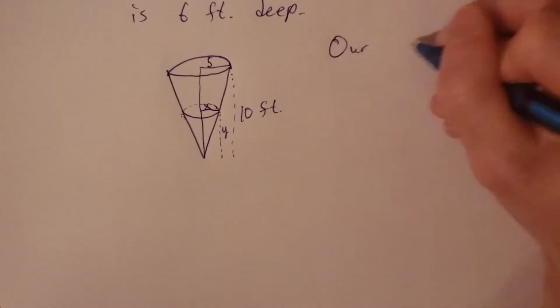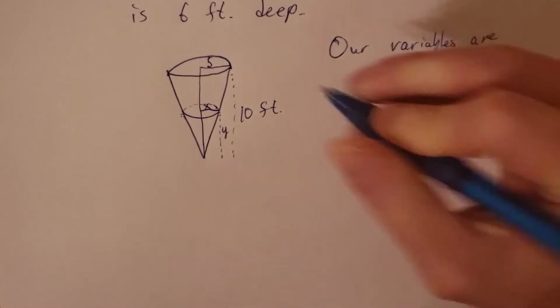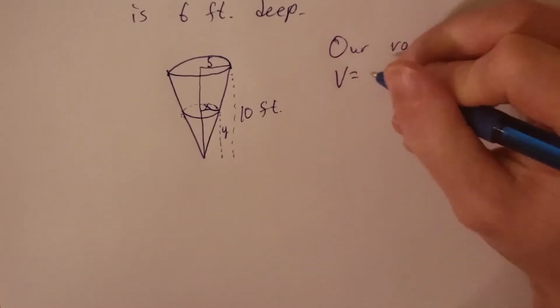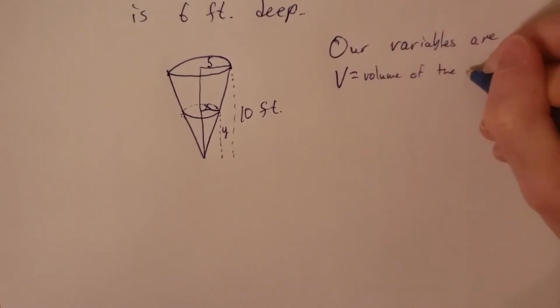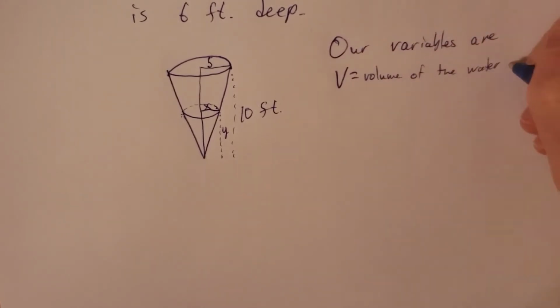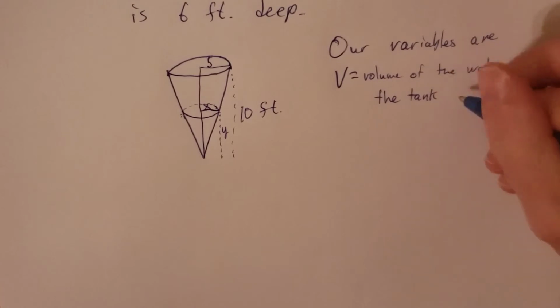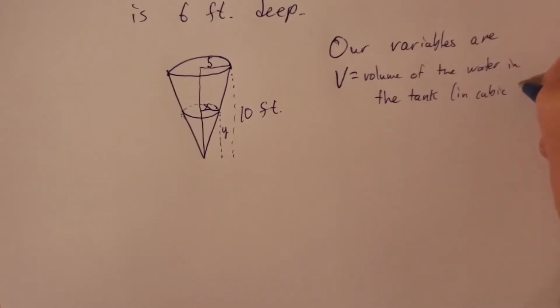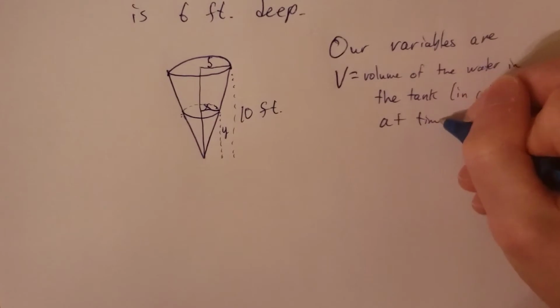So let's go ahead and write out what's going on here. Our variables are, let's see, capital V is going to be the volume of the water in the tank, and this is in cubic feet at time t.